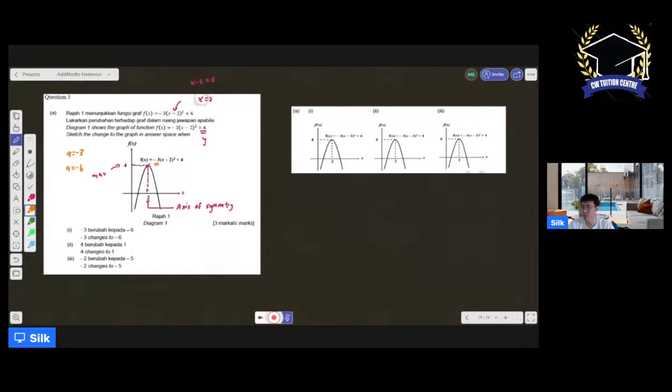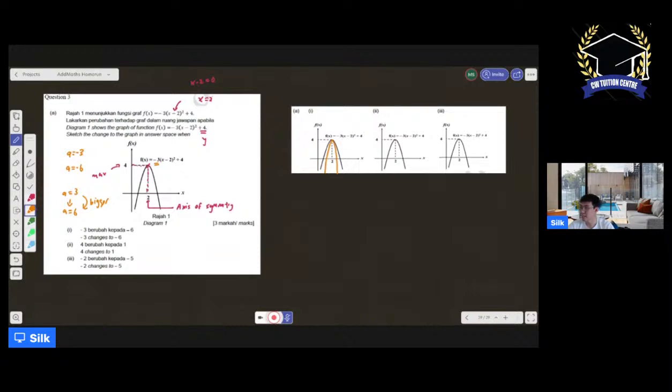So what I am trying to say here is you just ignore the negative, you think that is a equal to 3 and then become a equal to 6. Okay, if the value getting bigger, the graph will getting thinner, semakin kurus.